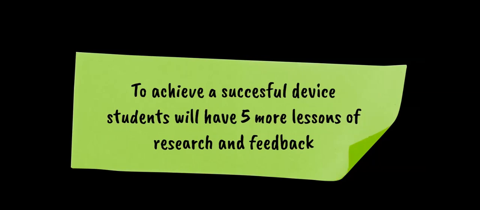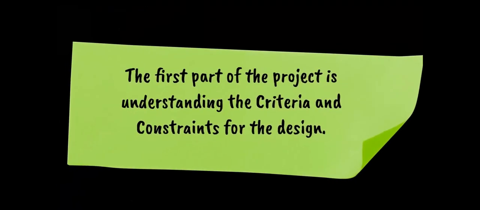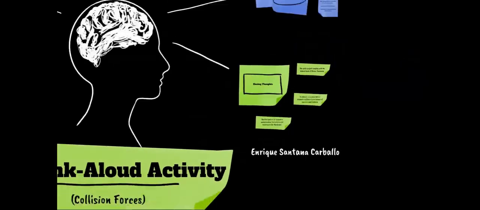To achieve a successful device, students will have five more lessons, a whole week of progressive research and feedback, so they're going to be progressively improving and tweaking their designs. But the first part of the whole project is understanding what criteria and constraints are for their designs. From there, they're going to start building their successful design. And that's why we are modeling the Think Aloud.